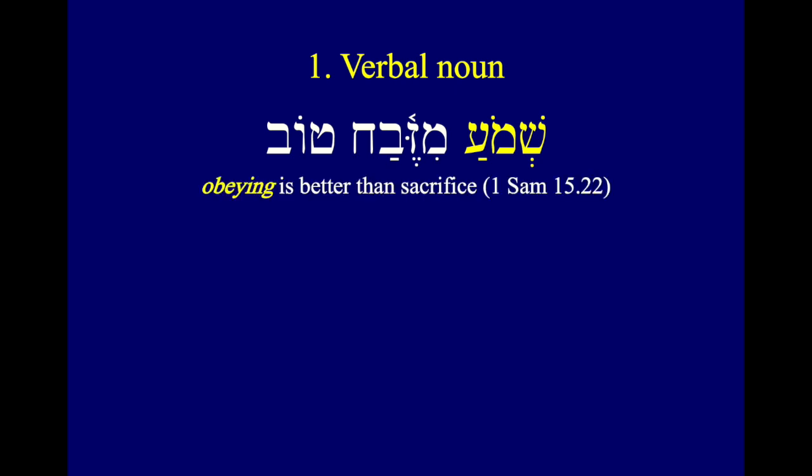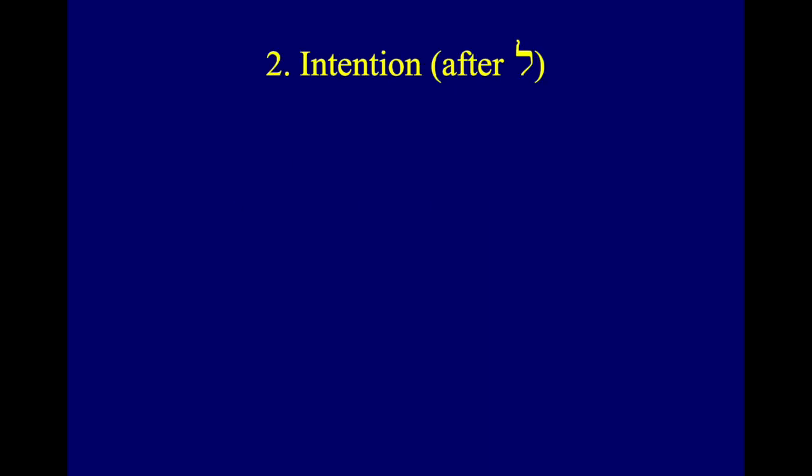So maybe to listen is better than sacrifice. Listening often is equated with obeying in the Bible. When you really listen, it means that you actually do the thing. So for example, to really listen to God's law. I mean, the Shema is the prayer in Deuteronomy, right, where it says, Shema Yisrael, listen up, O Israel, the Lord your God, the Lord is one. So what it really means is, do this stuff, Israel. So in any event, here we go: to listen or to obey is better than sacrifice.